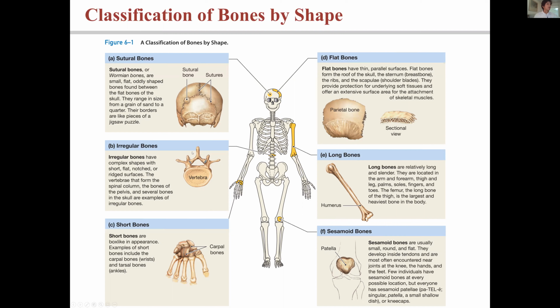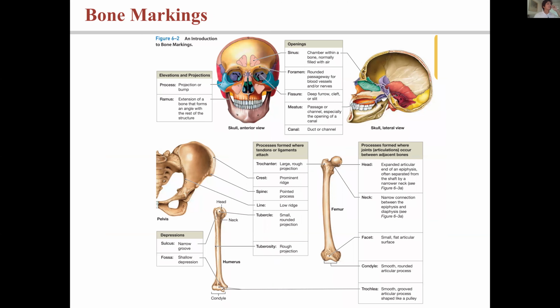We also have irregular bones, and short bones, which are mostly cuboidal or rectangular in shape. We also have flat bones, long bones, which is your stereotypical bone, and sesamoid bones, which are roundish in shape, flat and round.